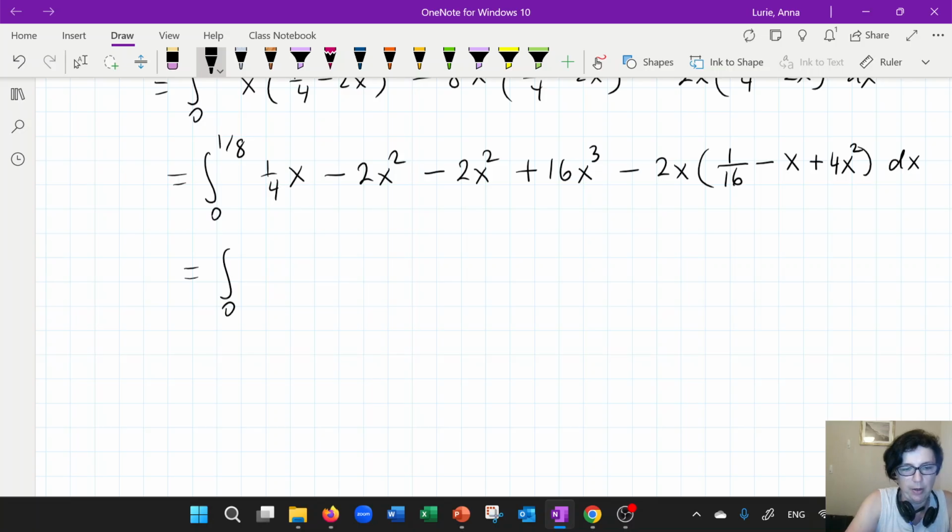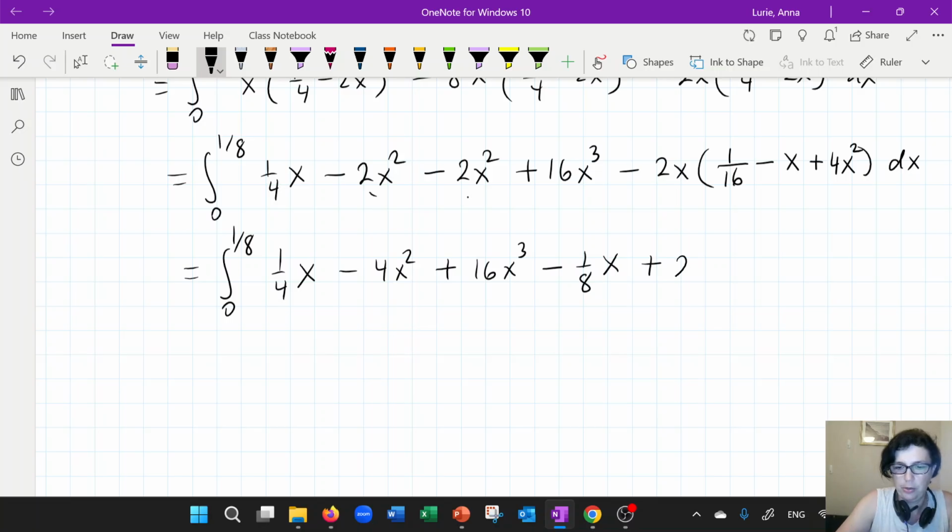Okay. Let's see if we can simplify this further. So remember, do not ever move on until you completely simplify. So you get 1/4 x minus, let me combine these two into 4x squared plus 16x cubed. And then we have minus 1/8 x plus 2x squared. And then minus 8x cubed.